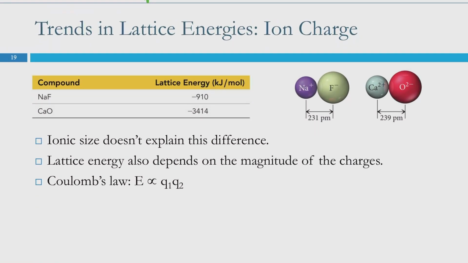Another factor in lattice energy is the ion charge. So if we compare sodium fluoride and calcium oxide, sodium and fluorine both have a charge of 1, +1 or -1.